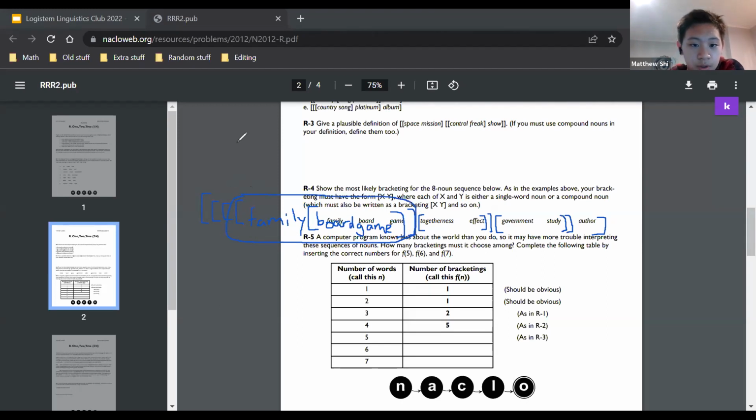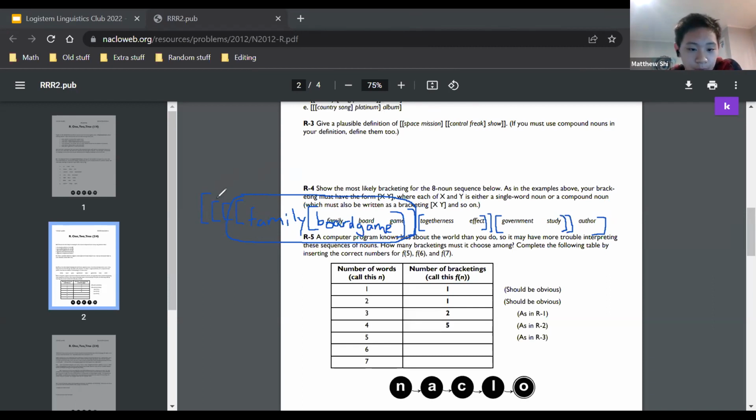And then the next one, I should probably change the color I'm using, but the next one is togetherness effect. So it's like the effect of being together. And then we can also see that the next one is government study. So it's probably a study on how board games affect a family being together or something like that.